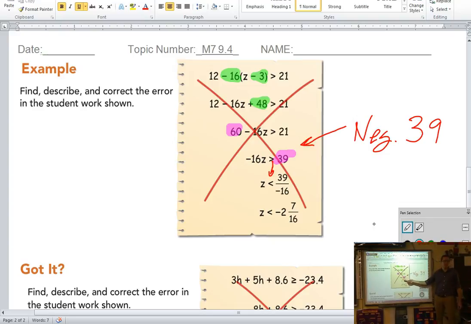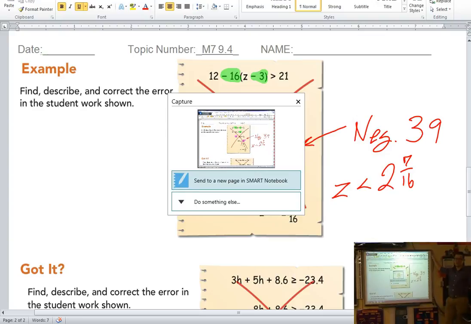They turn the direction around because they divided by the negative. But this 39 should have been negative. So this answer should be positive. So the real answer would be Z is less than positive 2 7/16. So one dropped negative can screw up everything for us.